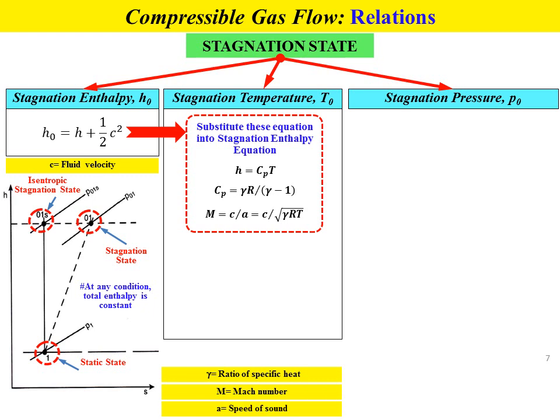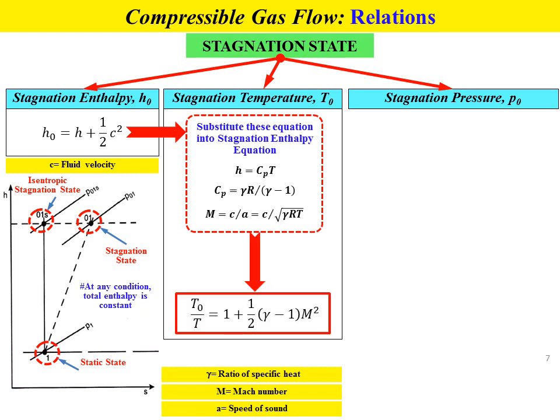Gamma is the ratio of specific heats, M is the Mach number, and A refers to the speed of sound.